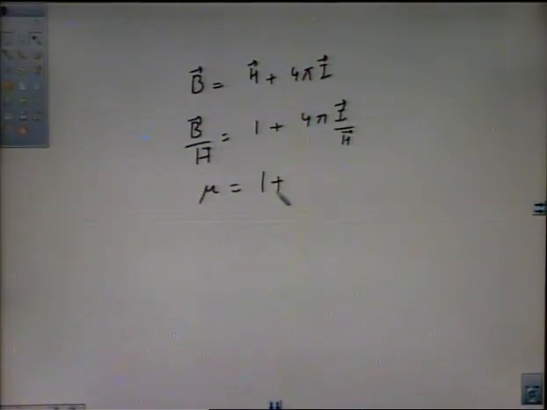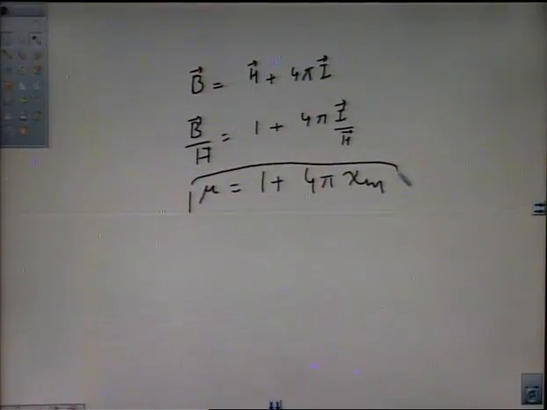This comes out to be equal to 1 plus 4 pi into chi m. So this is the relation between magnetic permeability and magnetic susceptibility.